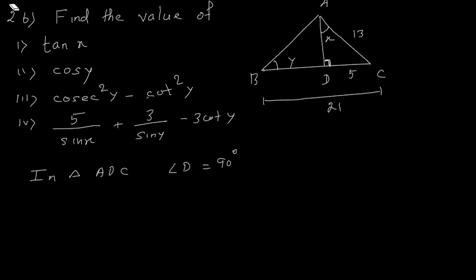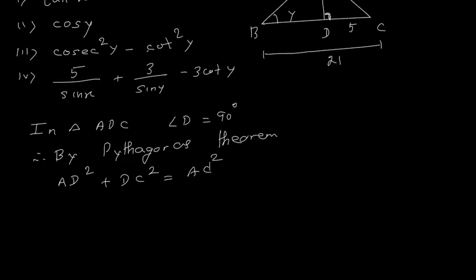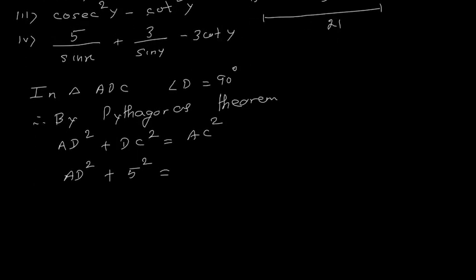So therefore, by Pythagoras theorem, what I can say is that AD square plus DC square is equal to AC square. Now the value of AD I don't know, so I will write AD square plus the value of DC is 5, so 5 square, is equal to AC, the value of AC is 13, so it is 13 square.